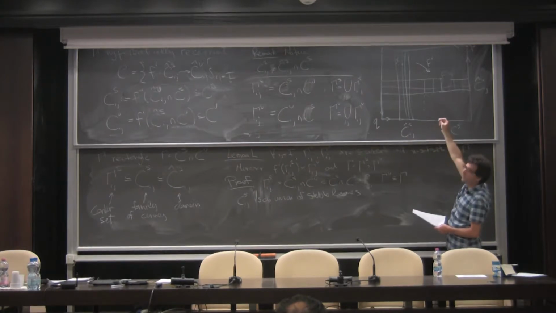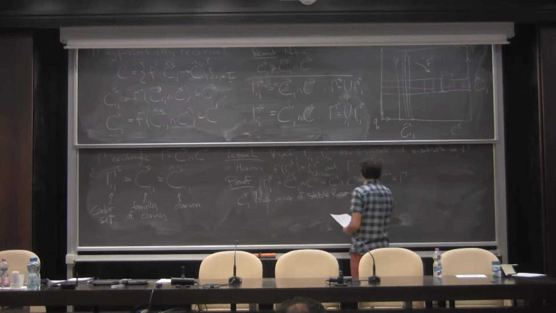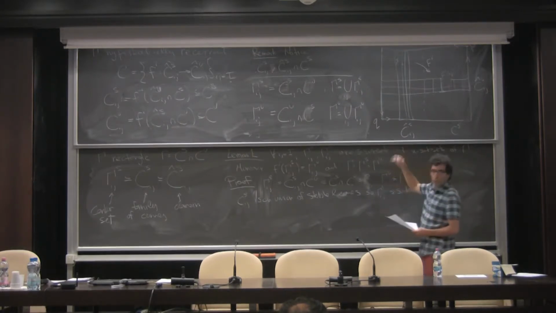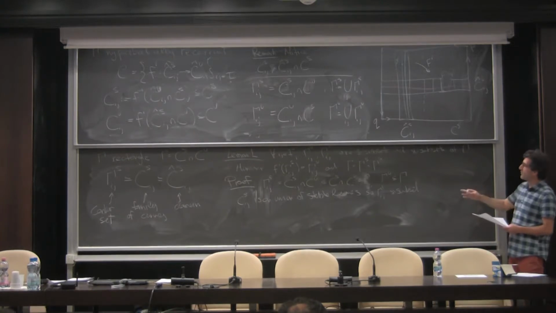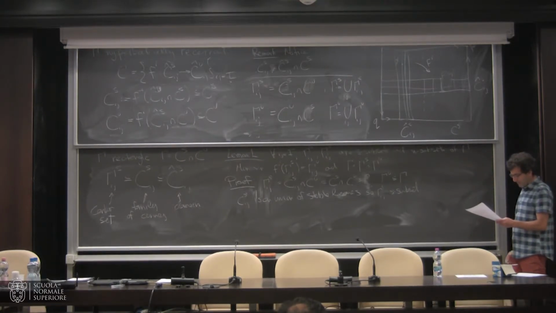Because if you take any point on one of the stable leaves, then gamma Sij will contain also all the other points of gamma that belong to the stable leaf, union of stable leaves. So gamma Sij is an S subset, and similarly the U subset is the same. So the fact that these are subsets of gamma, and S and U subsets, is almost immediate.